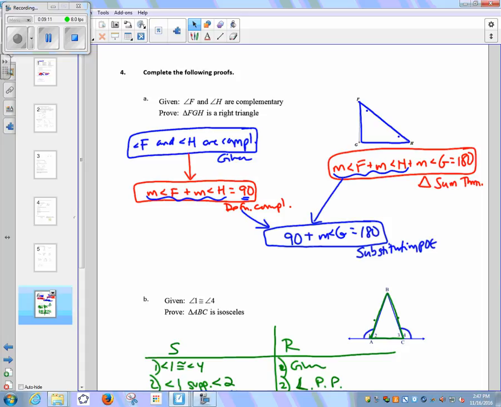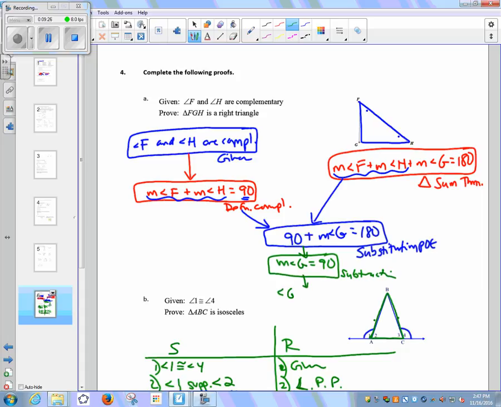So from here, I can just solve for measure of angle G by subtracting. And then you say angle G is a right angle. Definition of right angle.